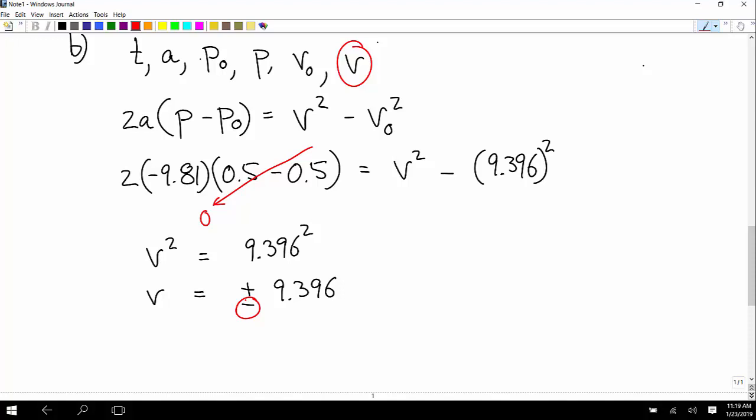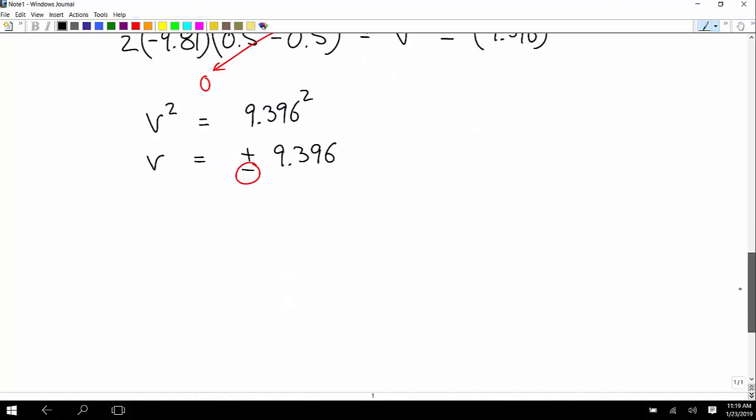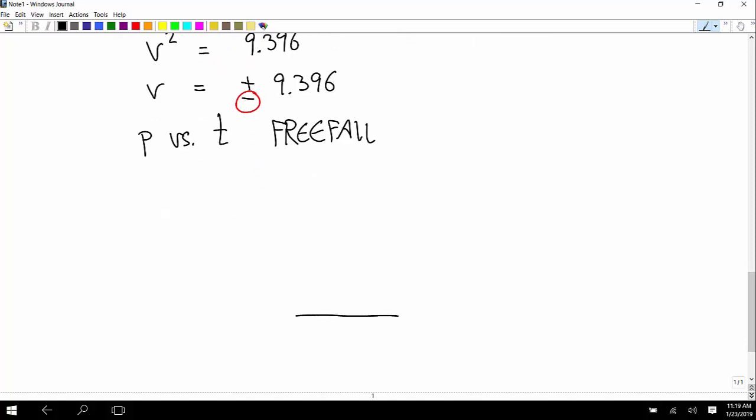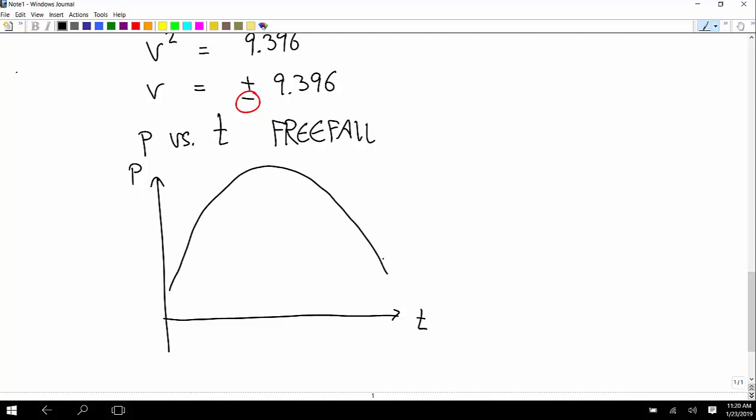Also, if you want to understand it mathematically, if you graph the position versus time of any free fall, now we don't know where time equals 0 is, but it's always going to be a parabola.